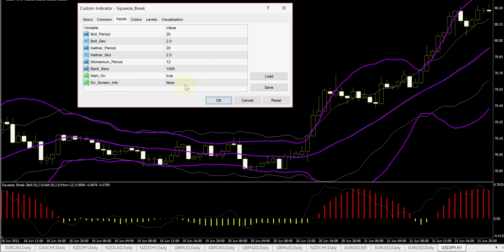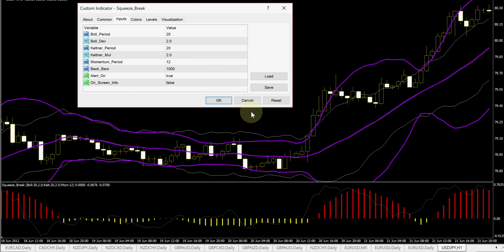Information includes MACD and other information that you might be interested in, and most importantly, it has what is called momentum. If you look at this dotted line that goes up and down, it's a momentum indicator.